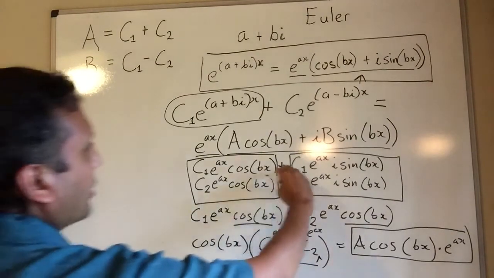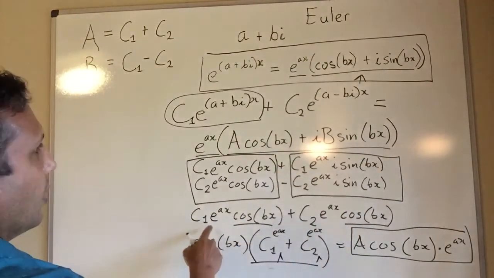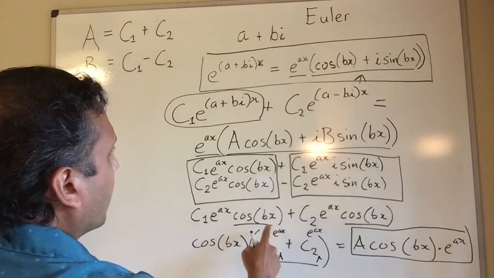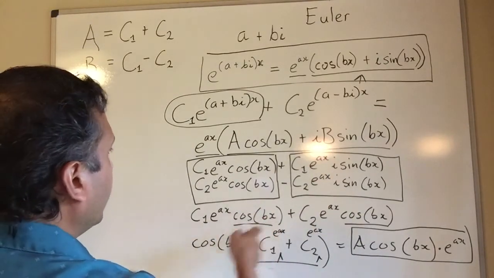Okay, so I'm going to start with the top, and the top is just C1 e to the ax i sine bx.